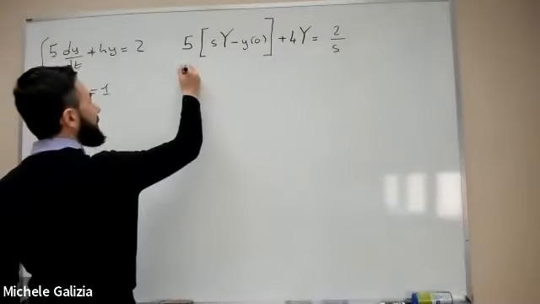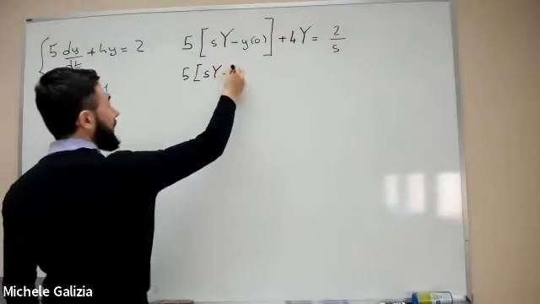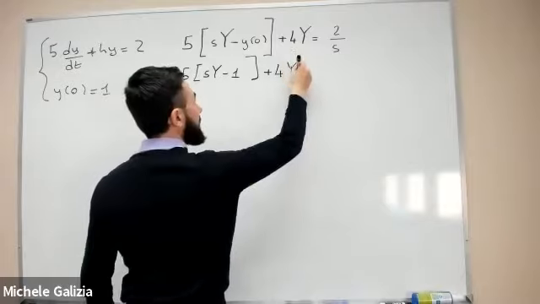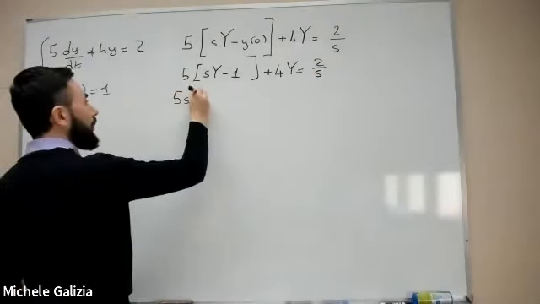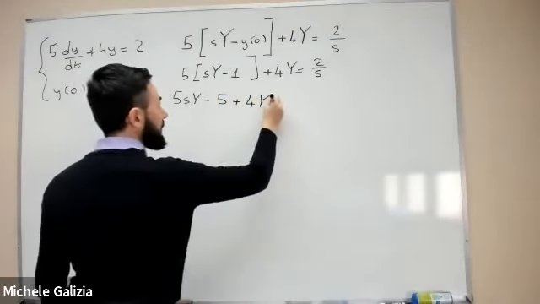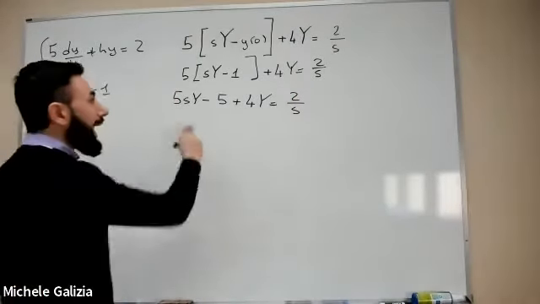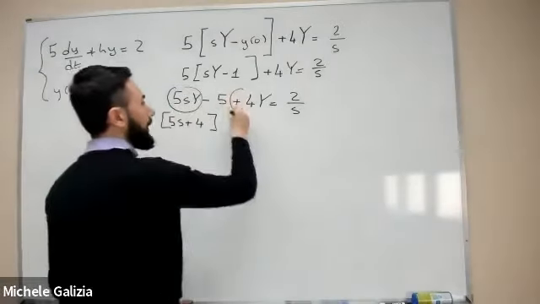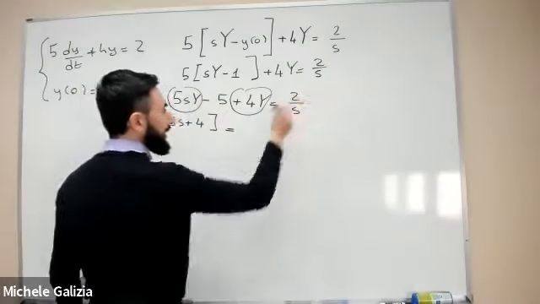So this becomes 5 times (sY minus 1) plus 4Y equal to 2 over s. So 5sY minus 5 plus 4Y equal to 2 over s. And now I have to isolate Y. I collect this term and this term together, and I bring this minus 5 to the other side.